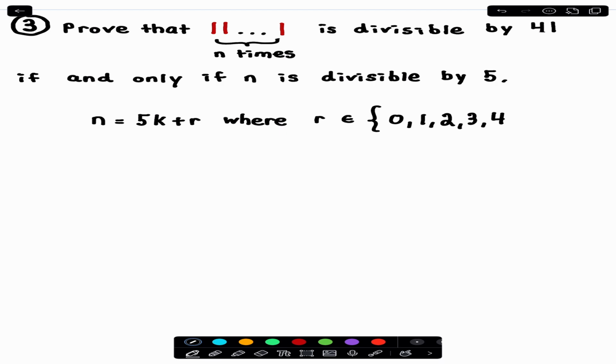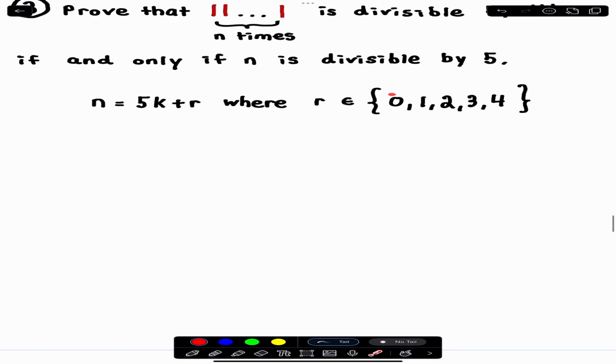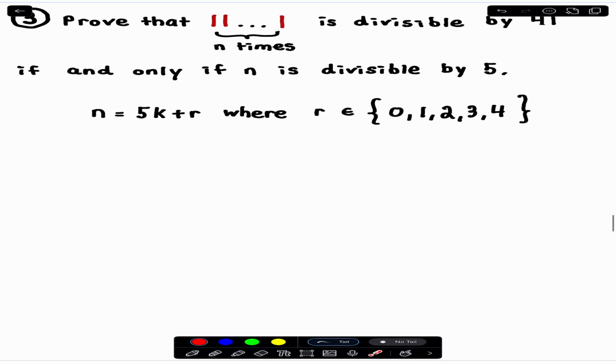So r will take on one of these 5 values, and of course the goal is to show that r actually ends up being 0, because then n will be equal to 5k, which is of course divisible by 5. So that would be just like showing that r cannot be equal to 1, 2, 3, or 4, because then n would not be divisible by 5. So let's see how we can do this.